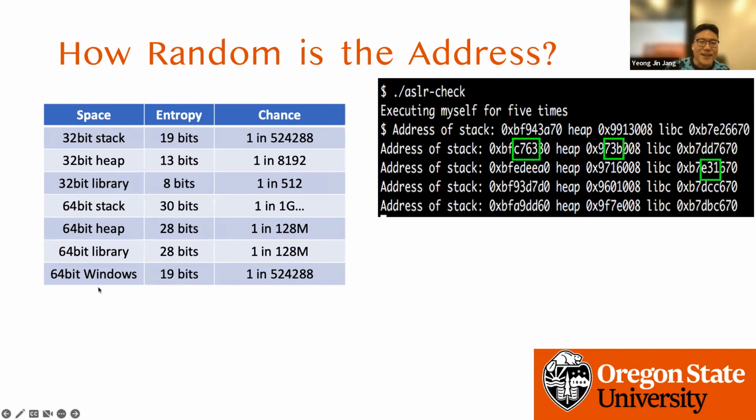But in 64-bit, we have much longer pointers. For most machines right now, we are using a 48-bit address space. So we have 16 more bits in the address, and we can add more entropy. Recent CPUs, starting from, I believe, Intel's 7th generation or so, support a 57-bit address space.